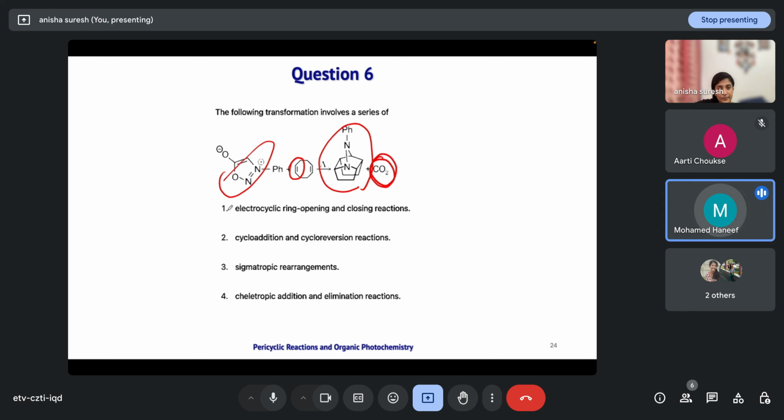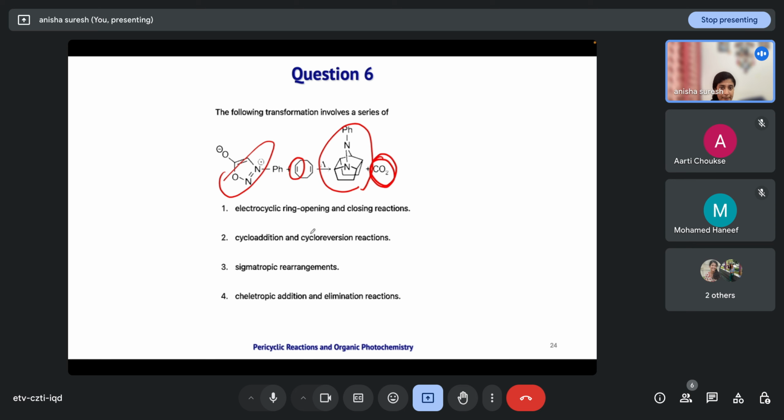Ma'am, CO2 is getting eliminated, so why can't we consider it as chelotropic? Yeah, but such an option is not given, no? If small groups are getting eliminated, we will call it a chelotropic reaction as well. But since opening of the cyclic system is taking place, we can call it a cycloreversion process as well.